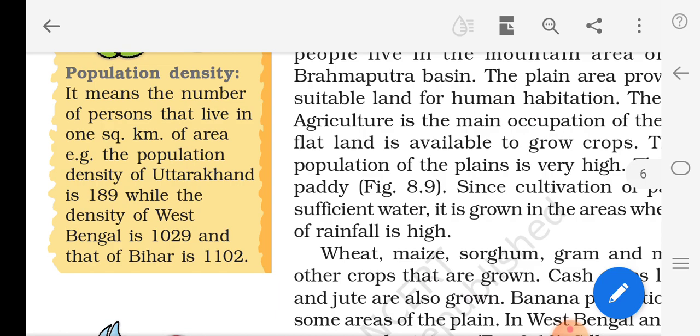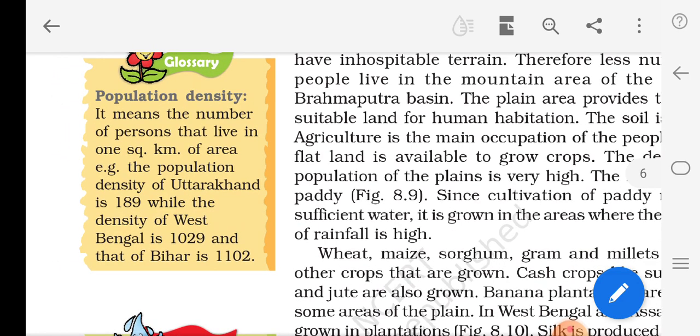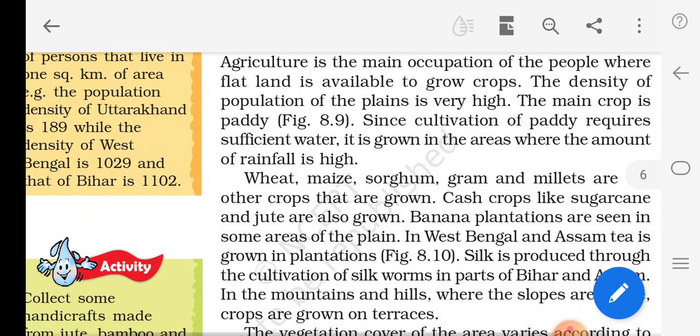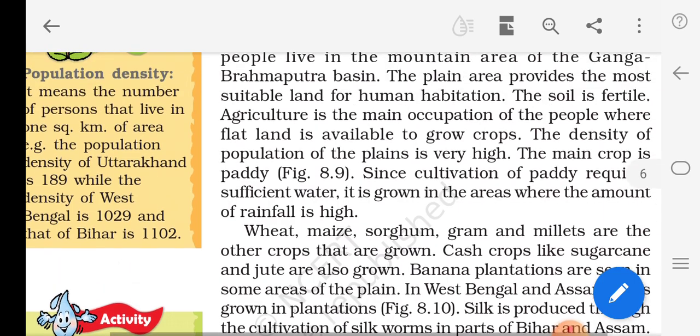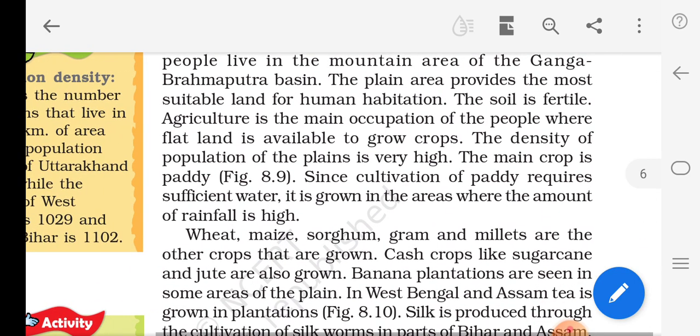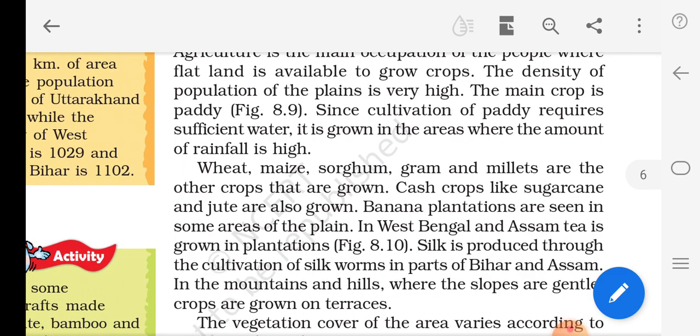But in West Bengal and Bihar, it is 1029. Why is the population density more in West Bengal and Bihar? Because the landform is plain and fertile soil is available. But in Uttarakhand it is 189 because it is a mountain area, hilly areas. Populations vary from place to place because of the landforms.